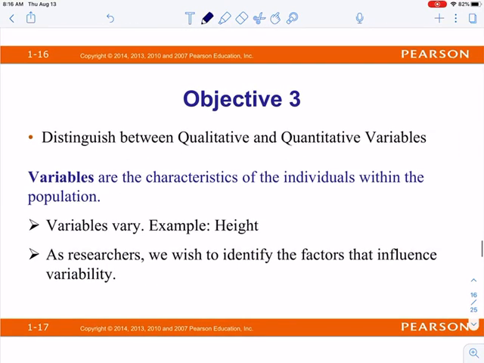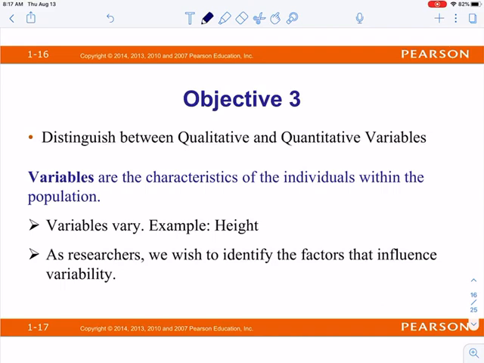And here we are on to objective 3, where we start getting into some more things that you'll start to have to identify when you get into your classwork. So objective 3 is to distinguish between qualitative and quantitative variables. Hopefully during algebra, whether that was last year, 2 years ago, whenever it was, you talked about qualitative and quantitative variables.